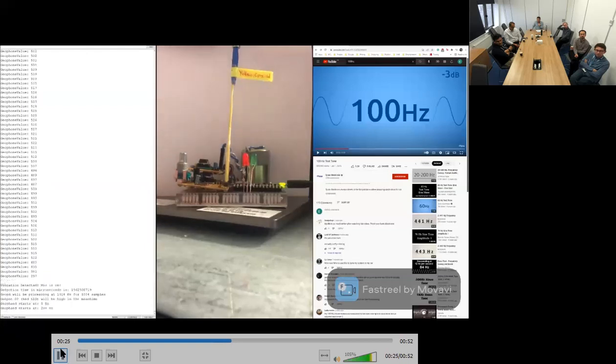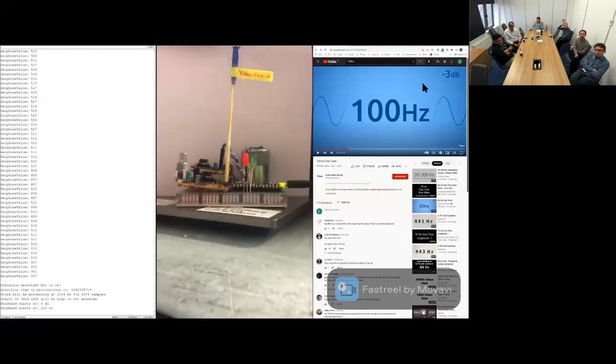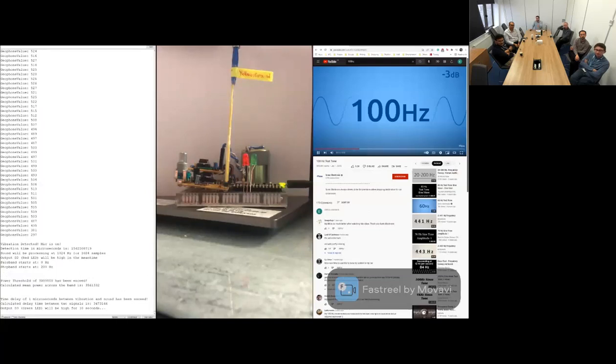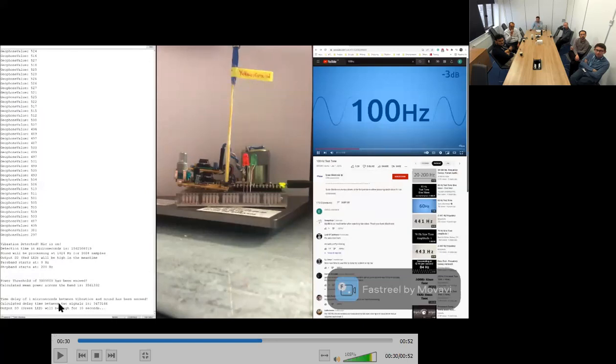Then I switched on the video, which plays a 100 Hertz sine wave through my computer speaker, and then I give the vibration. There, the red LED flashes, and now the power threshold is exceeded, and it checks if the time delay between the vibration and the sound is exceeded as well.